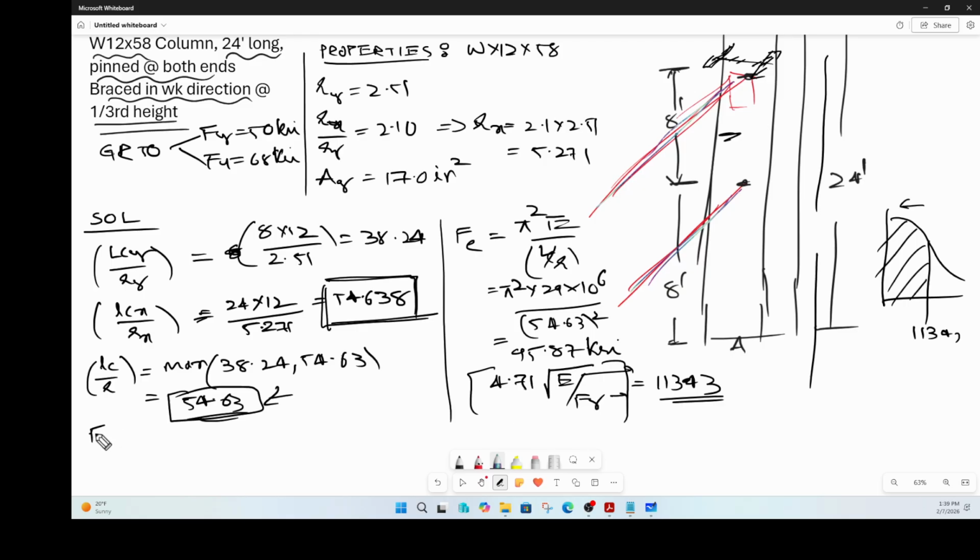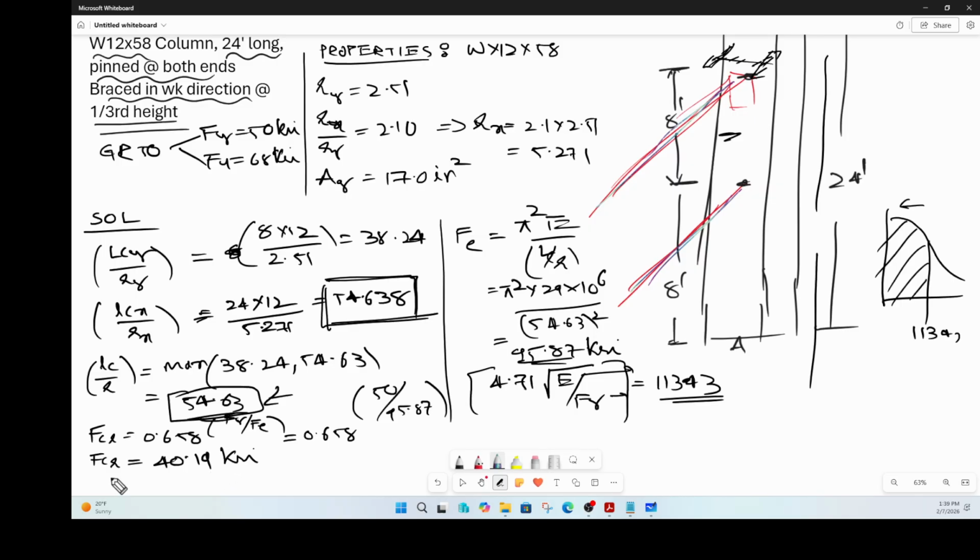When inelastic buckling happens, your Fcr is 0.658 raised to Fy by Fe times Fy. Fy is known, and Fe we calculated as 95.87. This comes out to Fcr of 40.19 ksi.